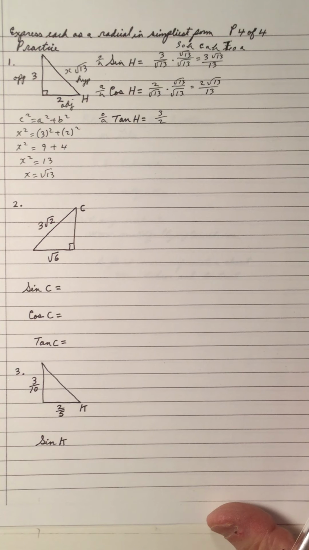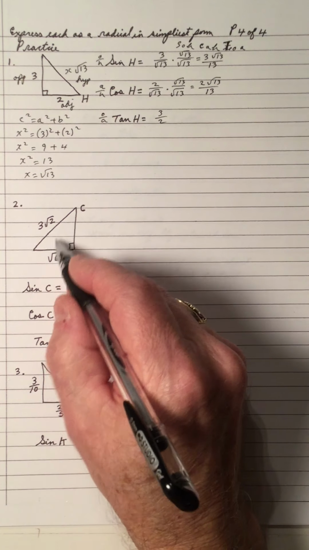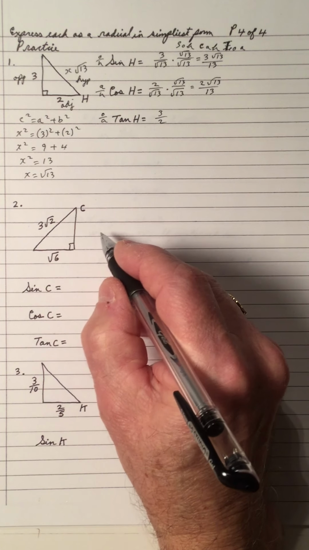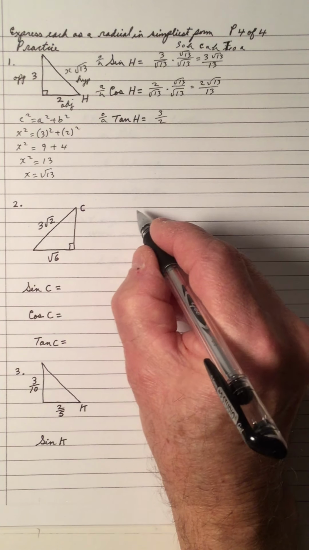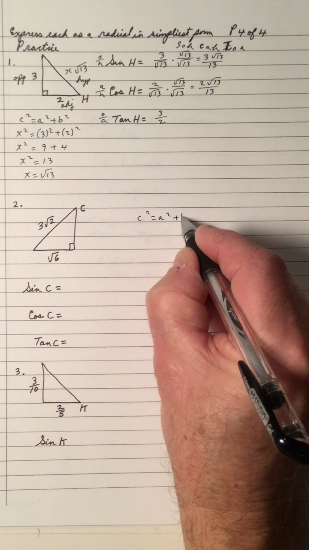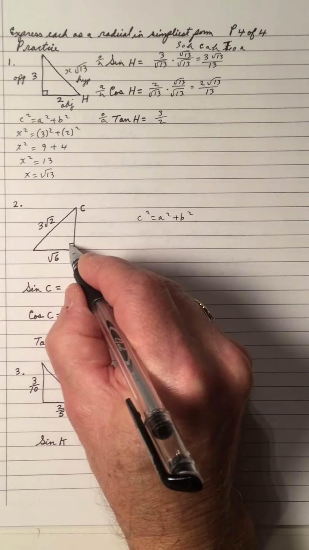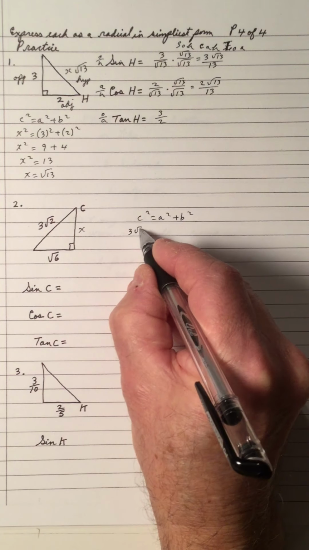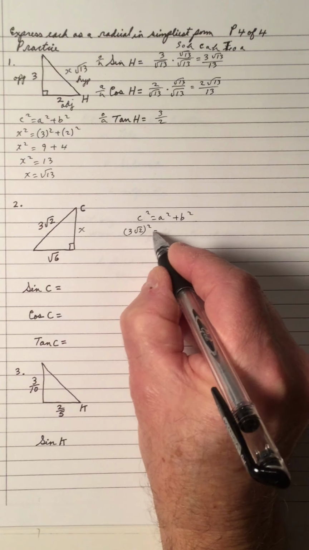And number 2, we have two sides. We have to work out the third side. c squared equals a squared plus b squared. This is x. The hypotenuse is 3 root 2, squared.